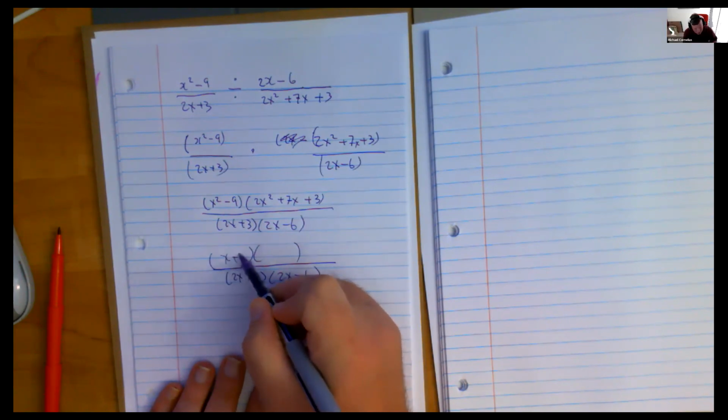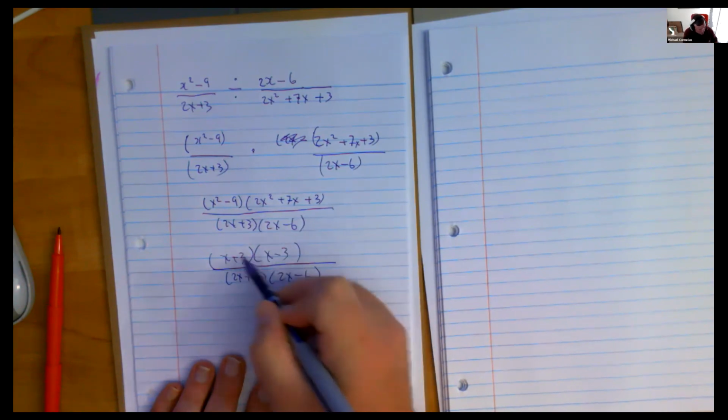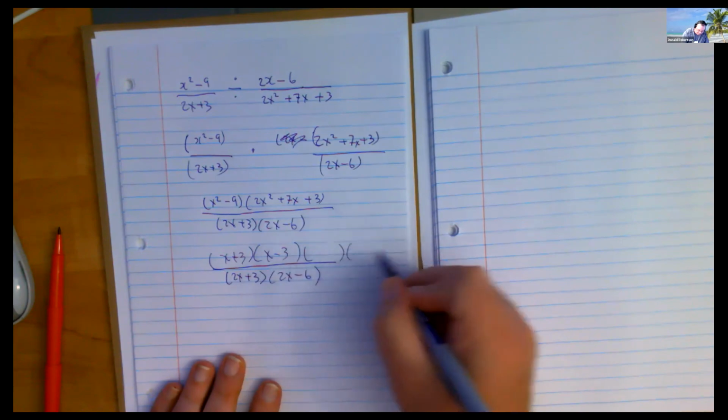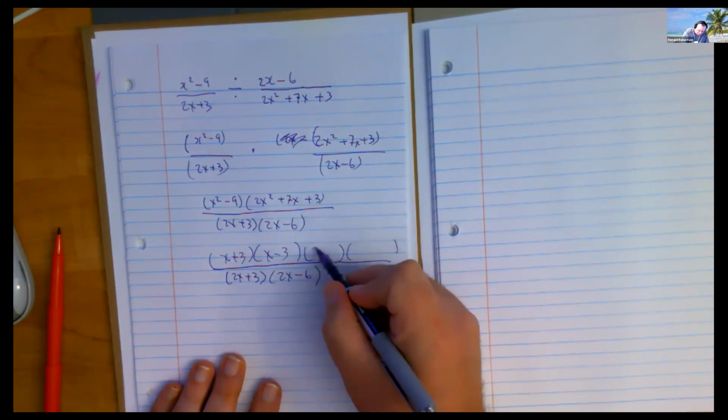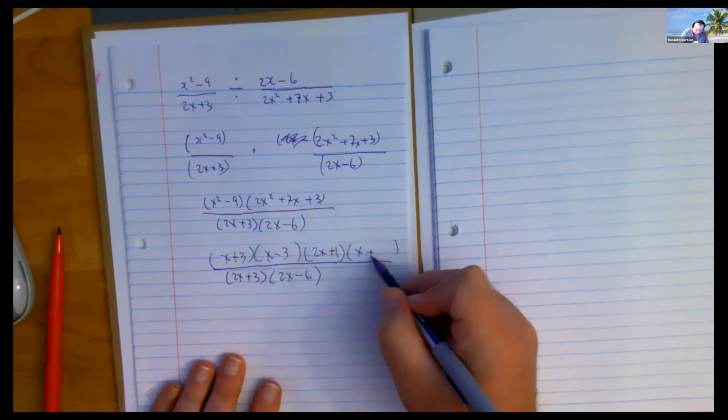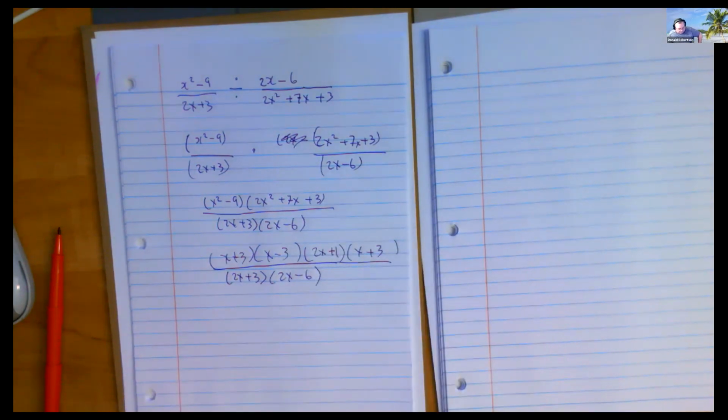Okay. Great. Can you trust me on this one? But if you take the 2x squared plus 7x plus 3, you get 2x and x, and you get a plus 1 and a plus 3, right? So far, so good.